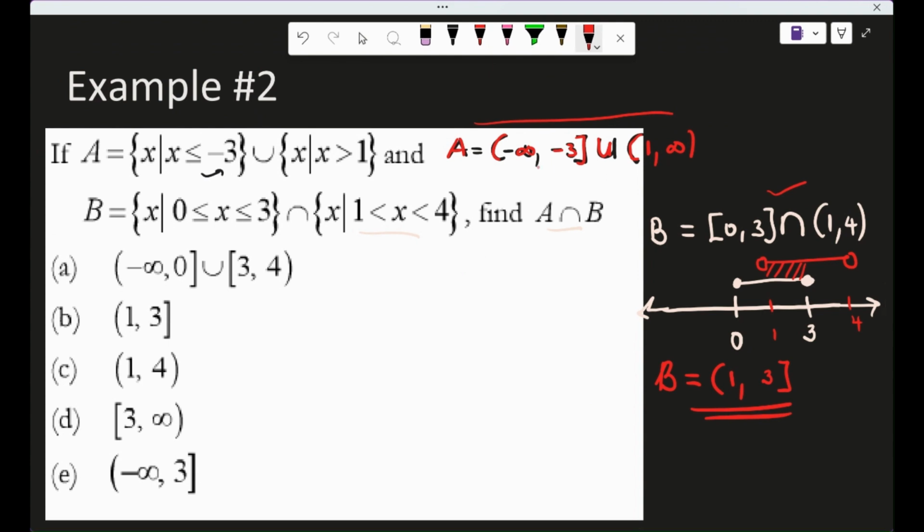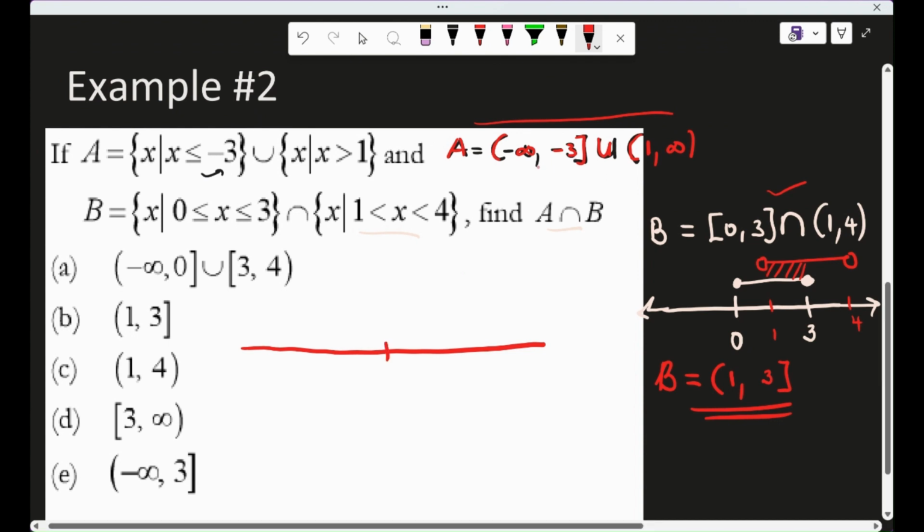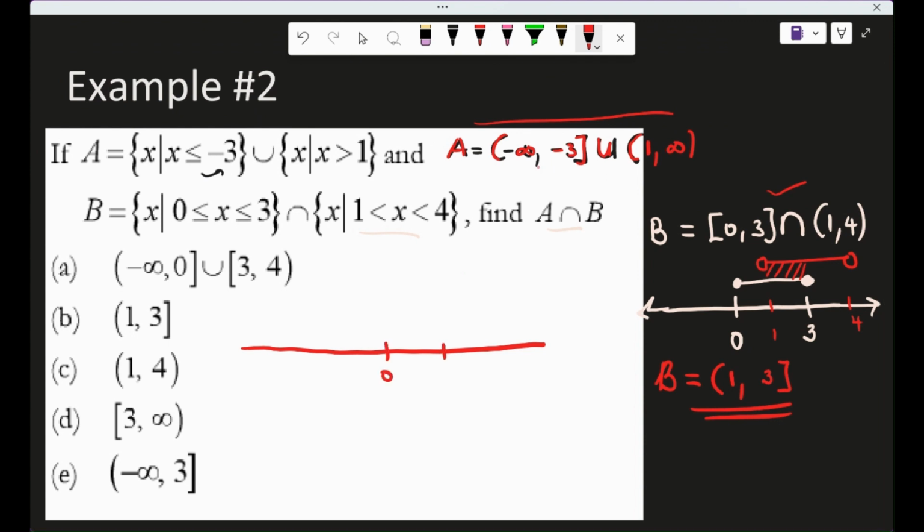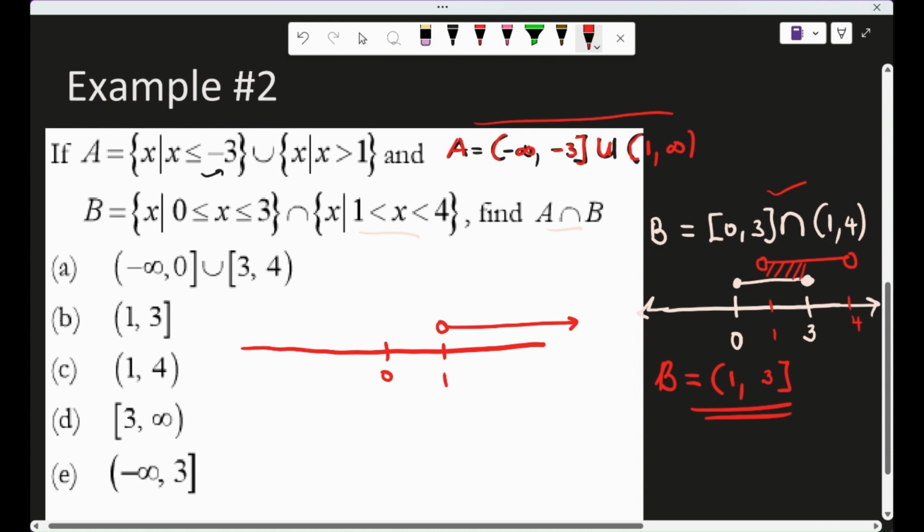Let's write A. Let's see what A looks like. Let's say this is 0, this is 1. So A is going from 1 to infinity, so this is going here.